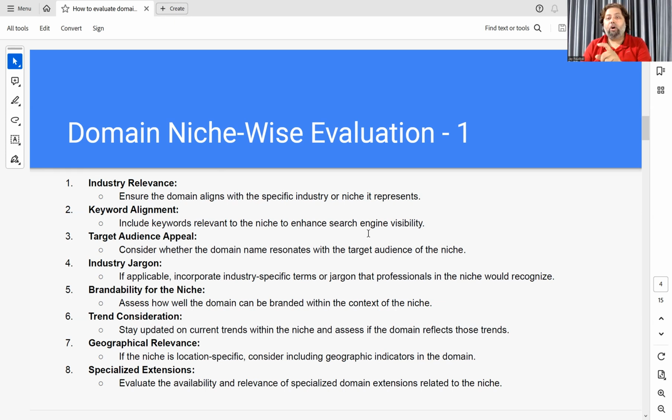Like product of office. What kind of products? Okay. Trend consideration. You should consider trends also, like I just said in the previous slide. And if the niche is location specific, consider including geographic indicators in the domain name.